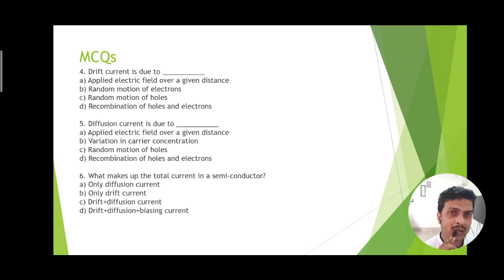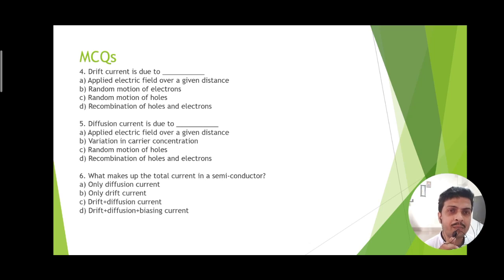Until and unless there is a variation in the carrier concentration, diffusion will not occur. Diffusion occurs due to temperature, that is, external thermal condition enables the charge carriers to move depending on the concentration gradient. So until there is a concentration gradient, diffusion current won't occur. So obviously the correct option is B.